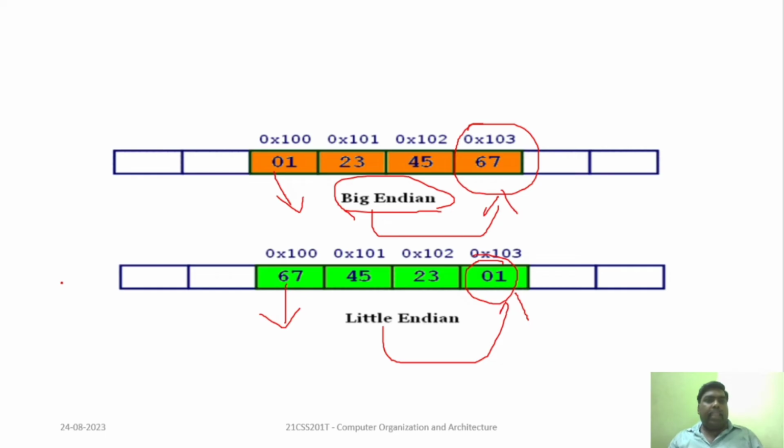Okay, right. And word alignment, as I said, we know what is byte address now, right? If it is 32-bit, it has to be like 0, 4, 8, like that. And similarly, if it is 16, it is 0, 2, like that.